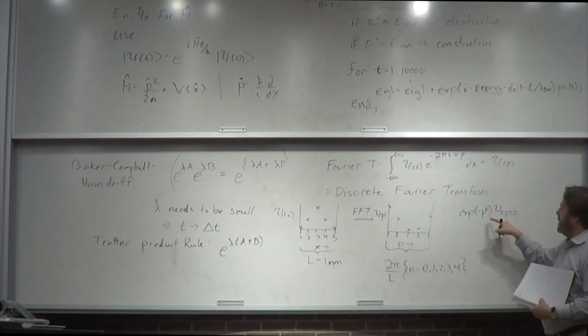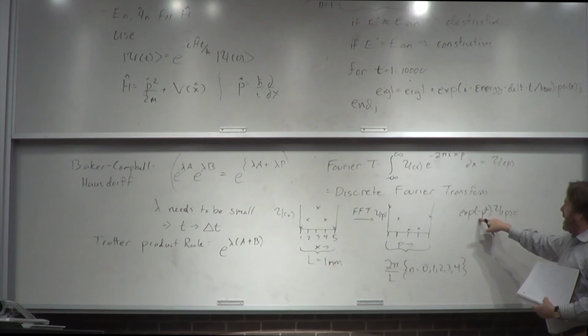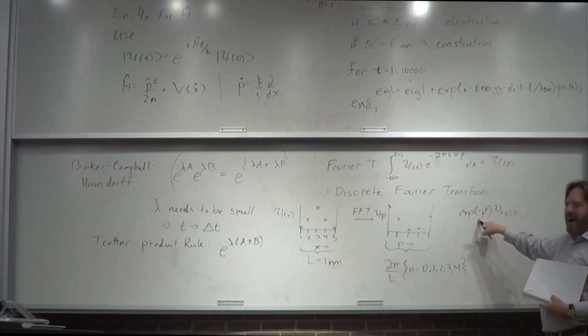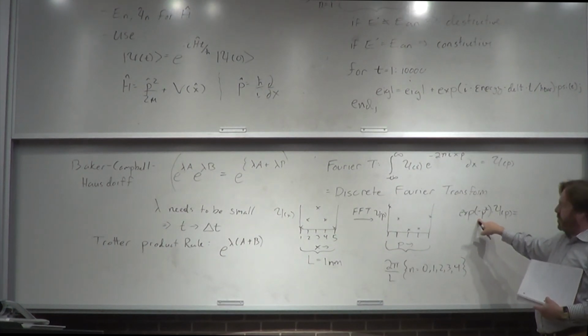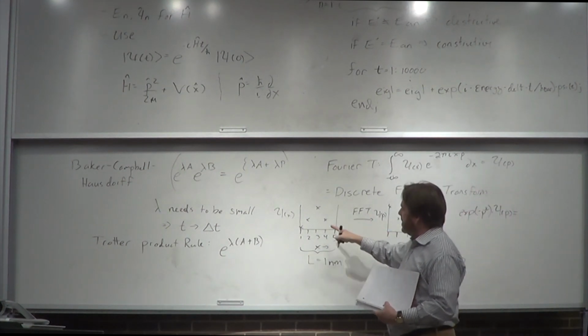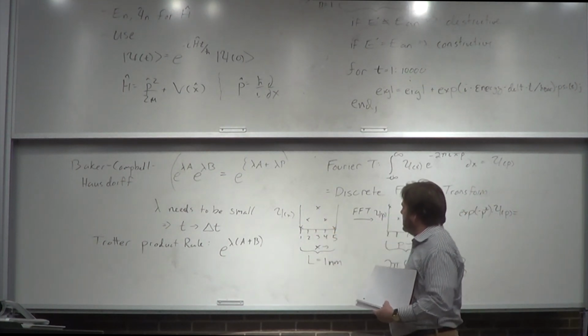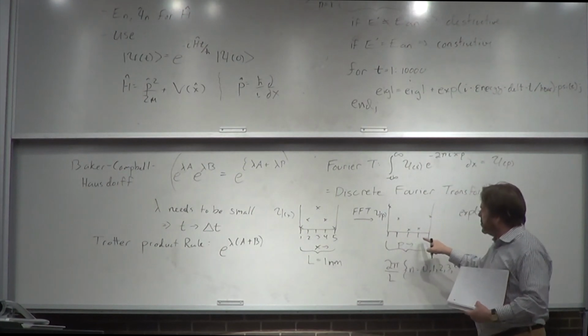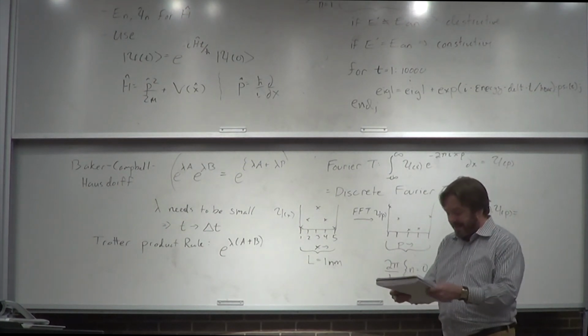You remember the split operator, where h bar is 1. Anyway, I just want to get across that this is how the split operator works. You Fourier transform the wave function, but it's crucial to know what the x-axis is.